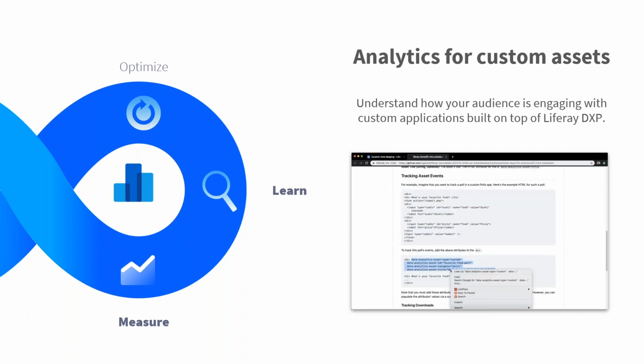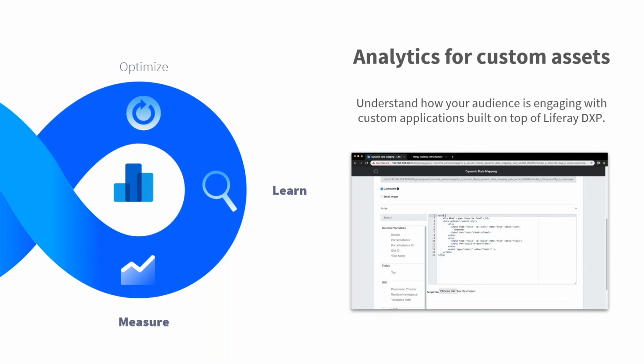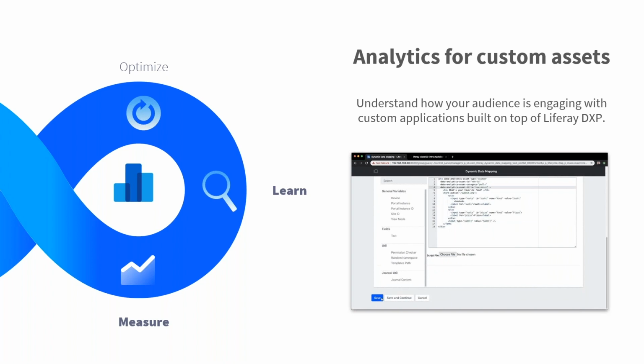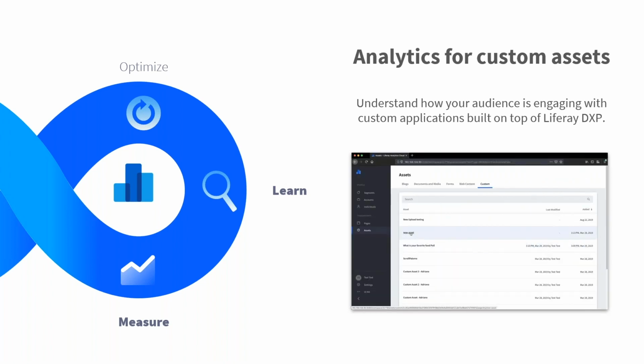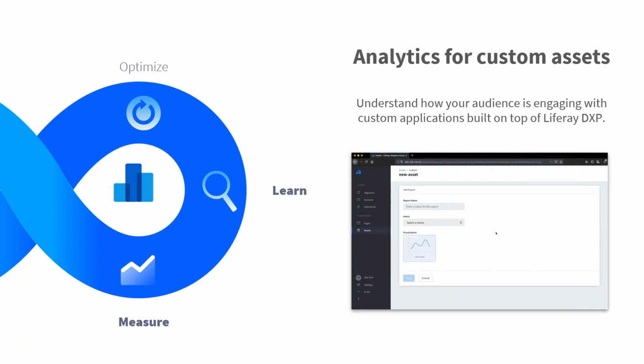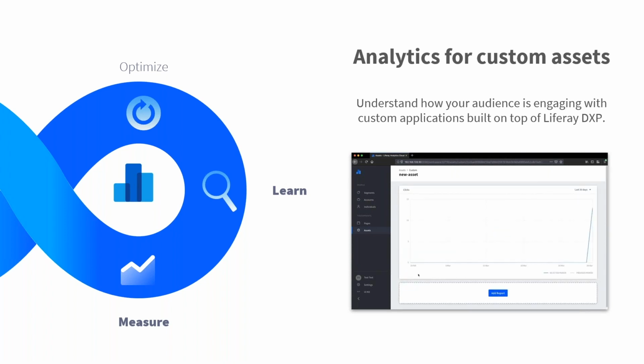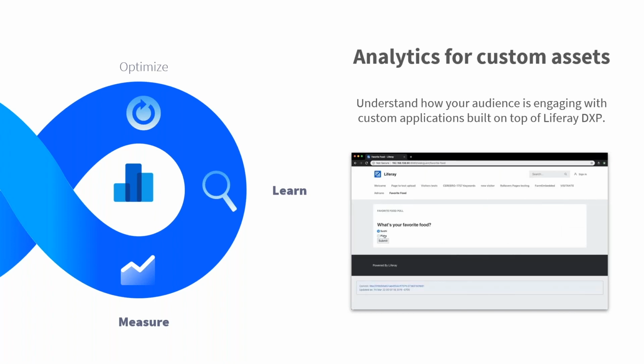So you do need to be able to add tags to your own custom assets. And this is exactly what's happening here in the little video that we're showing you on the right hand side. So they're using a custom template, and they are then essentially tagging a form, and then that asset becomes available within the analytics suite.